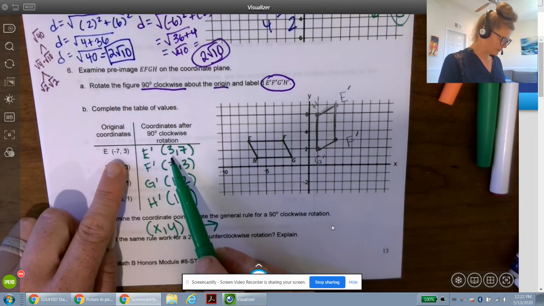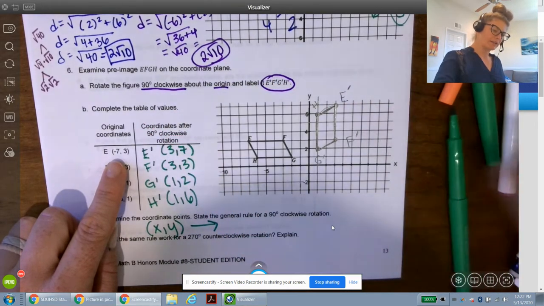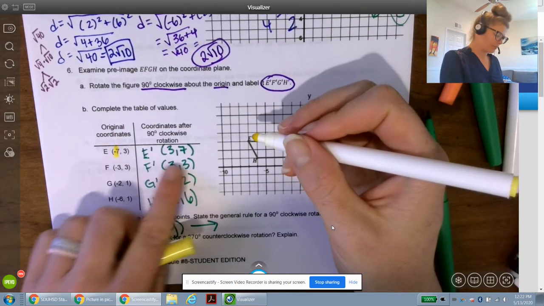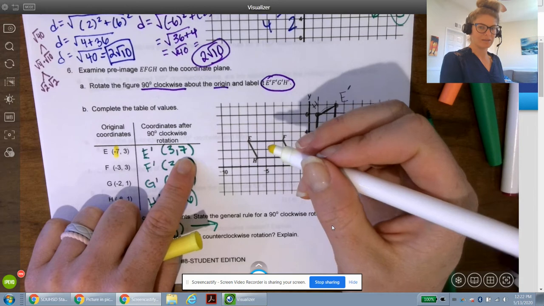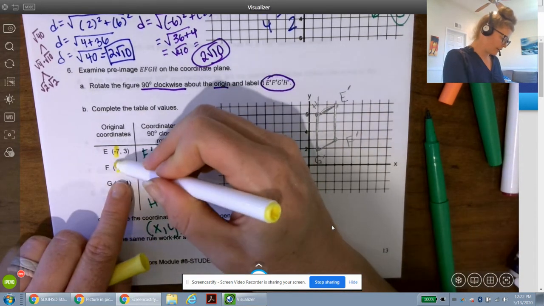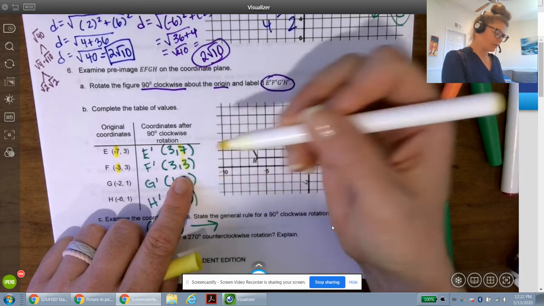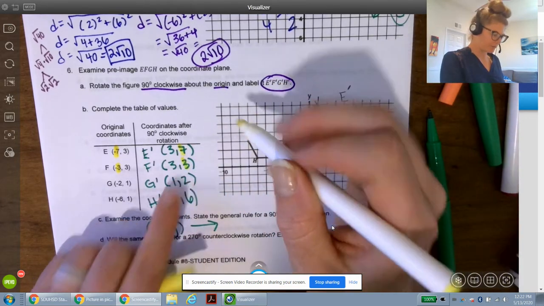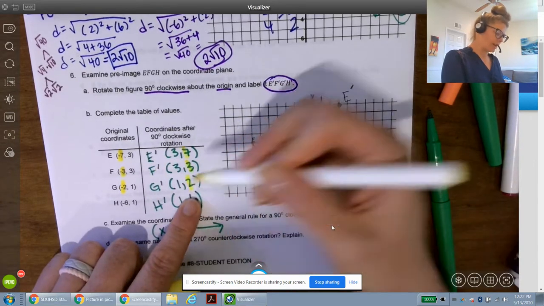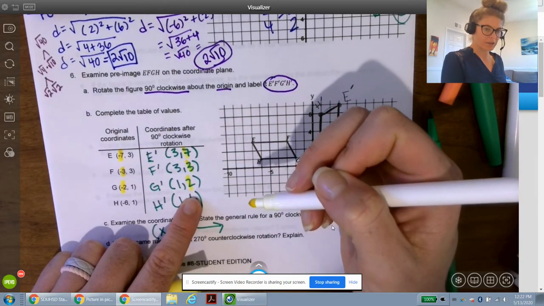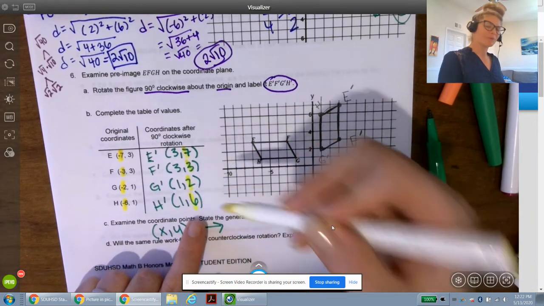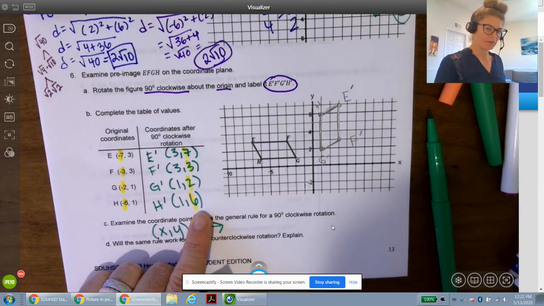Notice, -7 was an x value, but now 7 is the y value. -3 was the x value, and now 3 is the y value. -2 was the x value, now 2 is the y value. -6 was the x value, now 6 is the y value.